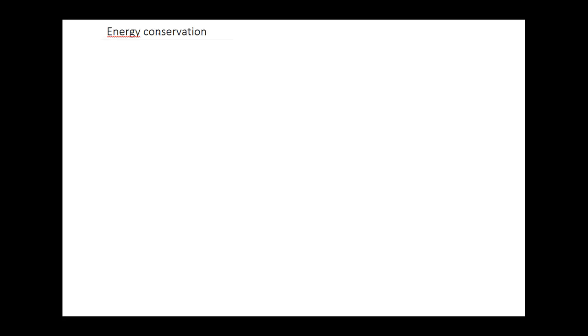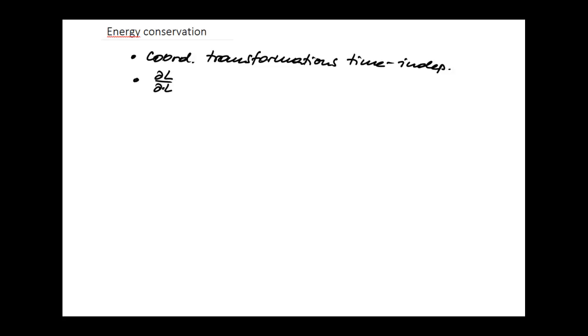The next step in the procedure that I had outlined was to exploit the conservation of energy. Keep in mind that all the coordinate transformations that we had done were time independent. Note also that the Lagrange function does not depend explicitly on time. So the partial derivative of L with respect to time is equal to 0.